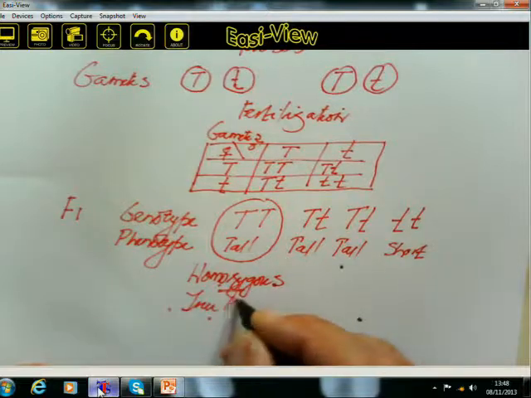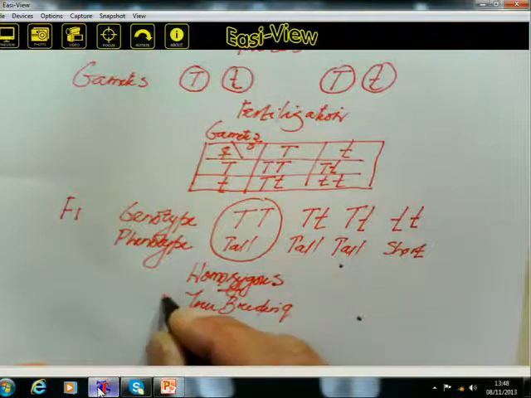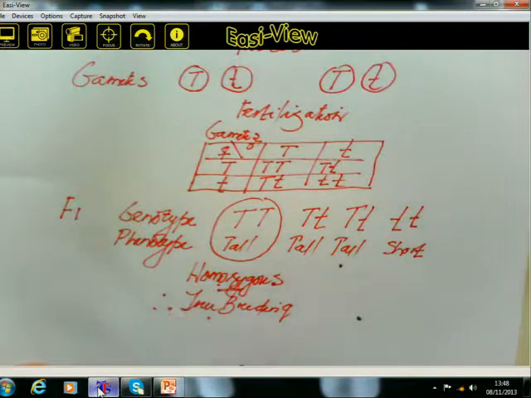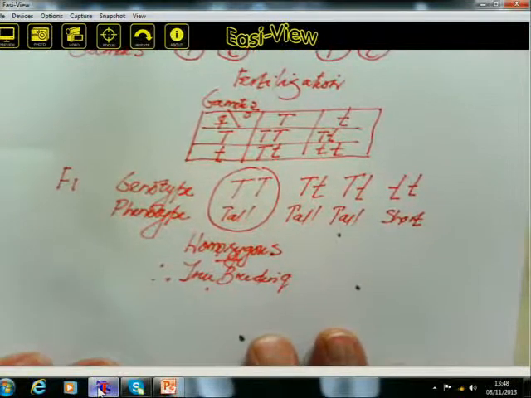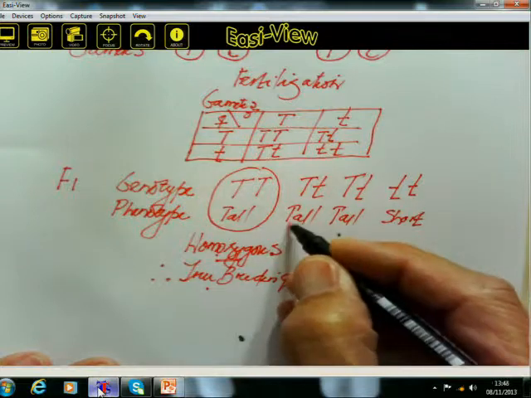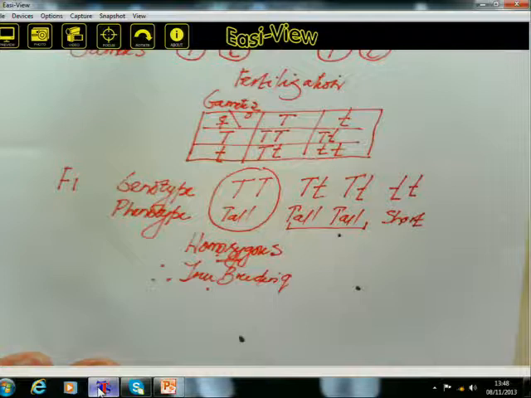I can say that that individual is true breeding with regard to the height of the plant. I qualify the specific characteristic. Those 2 individuals have the same genetic composition.